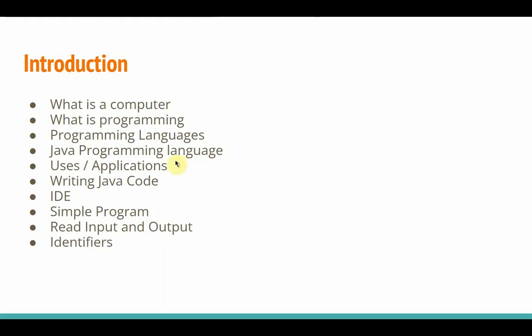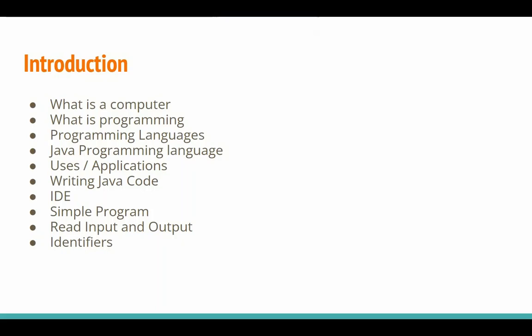Java is cross-platform, and you can find the details when you search on Google. But this class is all about hands-on programming, right? We want to be doing code more than this theory part. I'm just introducing these things, and after this we are going to jump into the coding part, right?